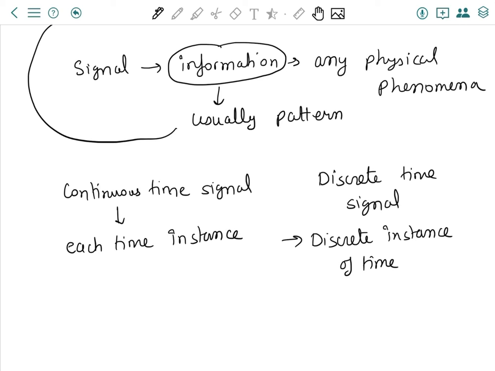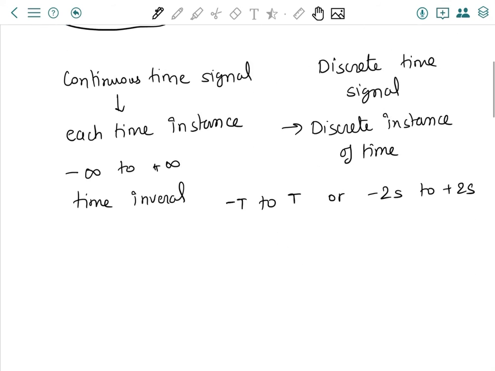And for each time instance, we mean that it's not necessarily defined for the minus infinity to infinity time range. It can be a time interval as well. Suppose we have an interval from minus t to t, or minus 2 seconds to plus 2 seconds, and in this complete interval the signal is defined for each instance of time.